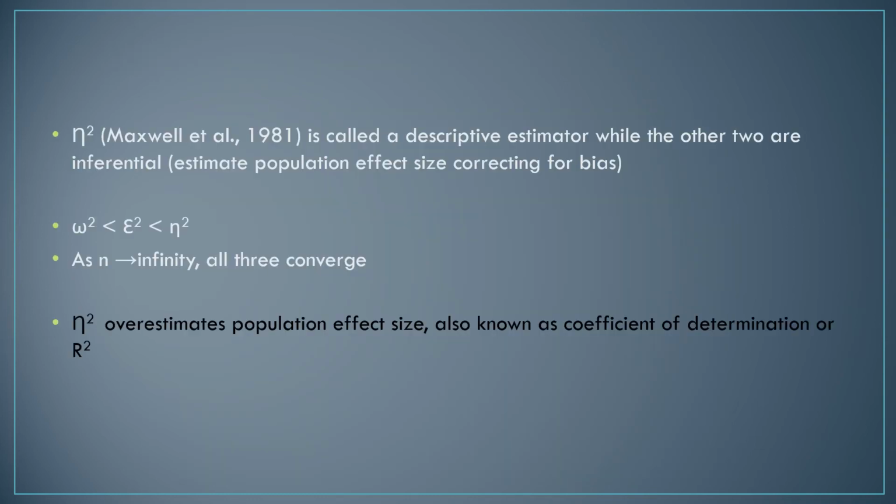Another thing to realize for these three most common effect sizes used for ANOVA is that as your sample size gets bigger, they all essentially become the same value. And so then there's not as much reason to really decide or use specific effect size formulas except for the context in which you're working.